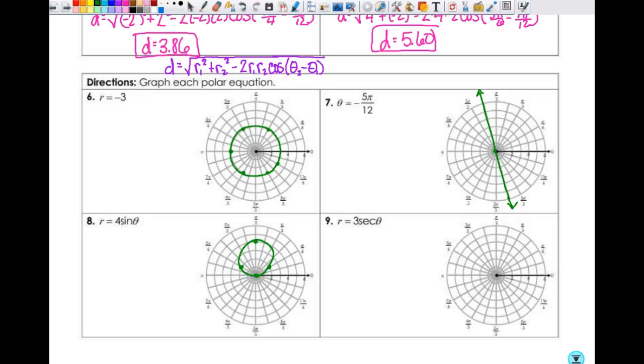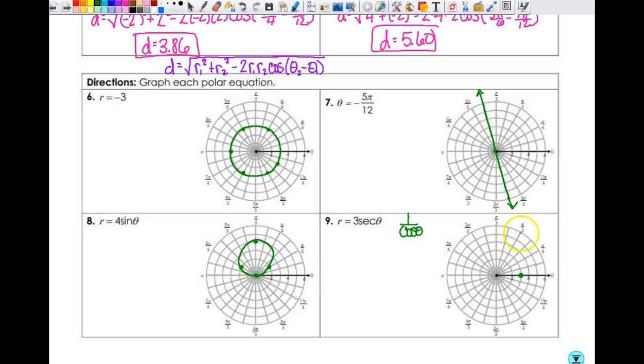All right, so R equals 3 secant theta. Well, secant is 1 over cosine. So I can think about my cosine values and then take the reciprocal. I'll start with 0. The cosine of 0 is 1. The reciprocal of 1 is 1, times 3 is 3. So there's a point right there. The next easy one for cosine is pi thirds. The cosine of pi thirds is 1/2. The reciprocal is 2. 2 times 3 is 6.